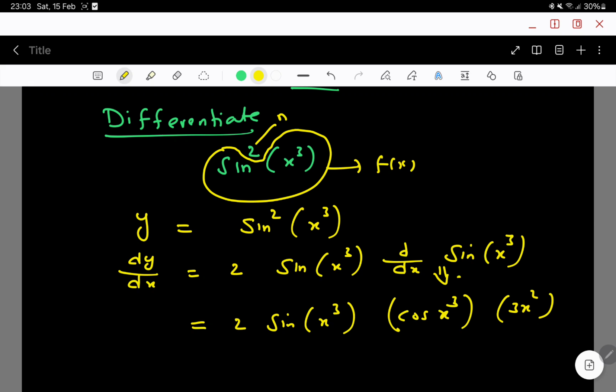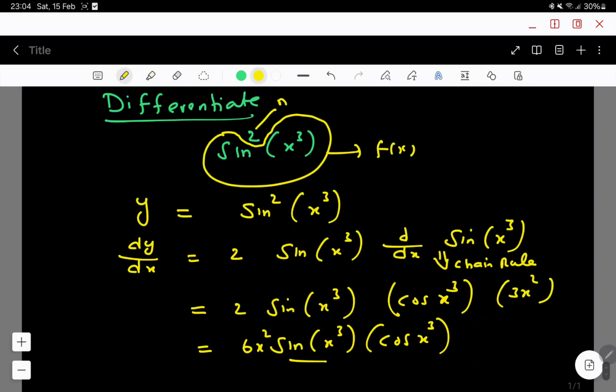This rule is called the chain rule. So we multiply, 6 sine of x cube cos x cube into x square. Write x square here. That's all.